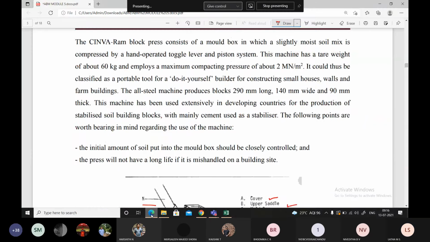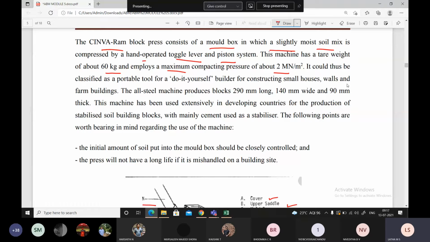Now, the Cinva-Ram block press consists of a mould box in which slightly moist soil is compressed by a hand operated toggle lever and piston. This machine has a tare weight of about 60 kg and a maximum capacity of about 2 meganewton per meter square.